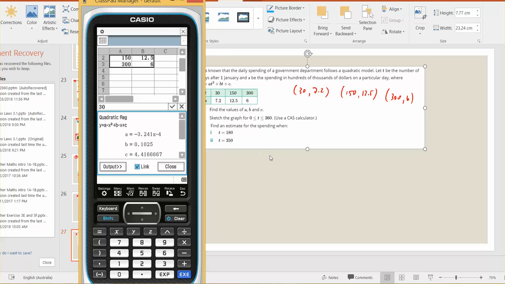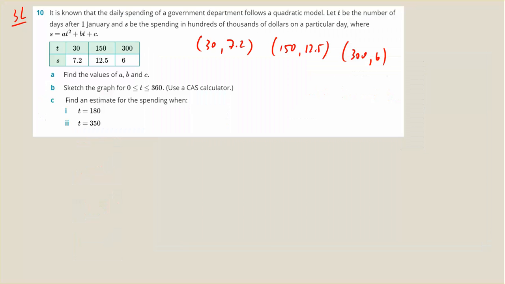So we sub into the equation and solve it after you've subbed it in. When T is 30, S is 7.2. Use a calculator if the numbers are big.